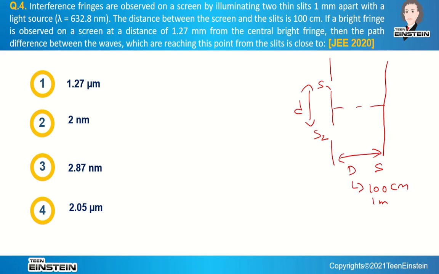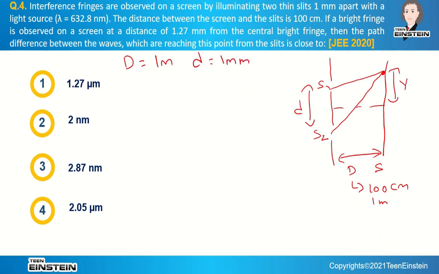Okay, so you're getting a bright fringe over here. So this distance from the central maximum is y. Okay, so here what they've given is the distance between the slit and the screen as 1 meter, and the distance between the two slits as 1 mm.